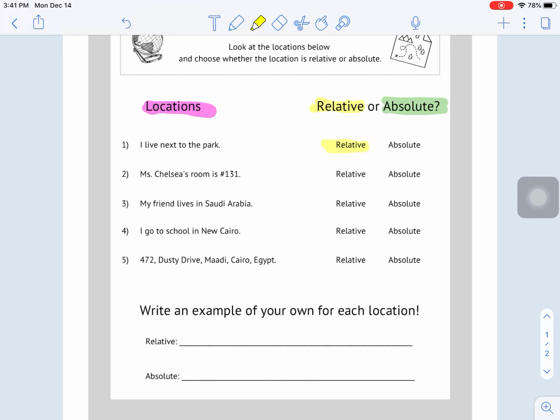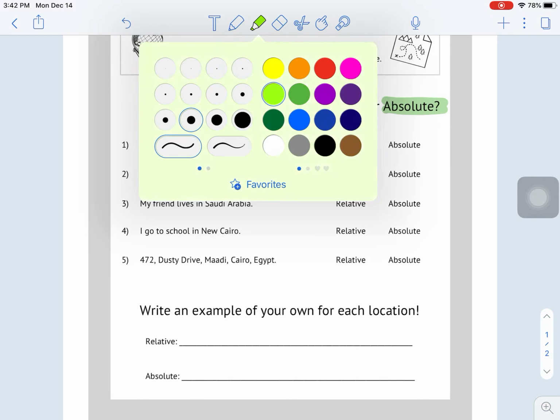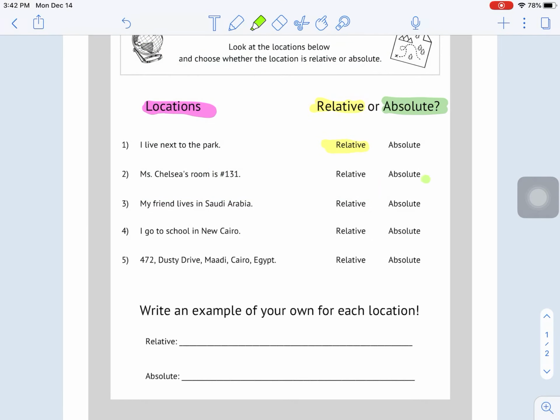So let's look at number 2. Miss Chelsea's room is 131. What do you think? Is that relative or absolute? This would be absolute. It is absolute because it is telling me exactly where the room is.